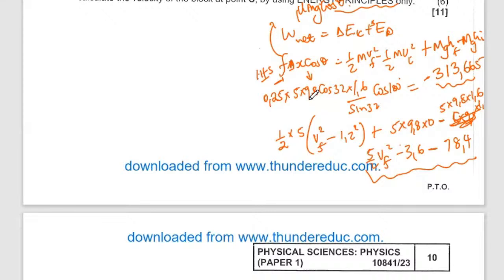So my correspondences are still fine. It's 5 over 2 VF squared minus the 438. Then divide both sides, and not the 82 first.